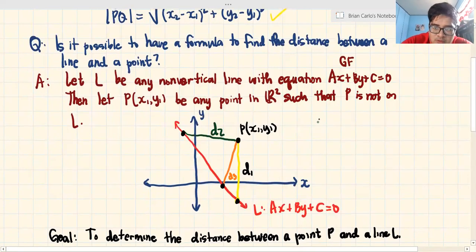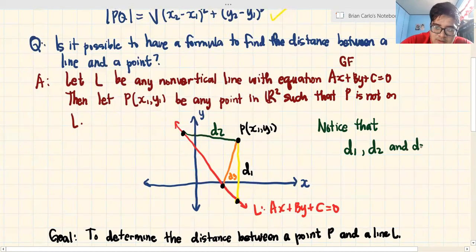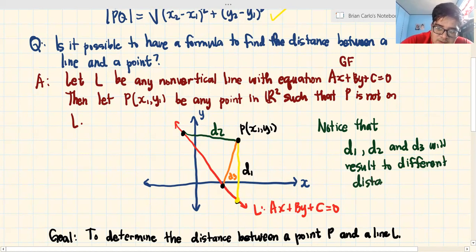Mapapansin nyo, notice that D1, D2, and D3 will result to different distances. Bakit? Kasi magkakaibang point yan, kapag magkakaibang point, magkakaiba yung distance. Nakikita nyo visually, mas mahaba yung yellow kesa kay orange.